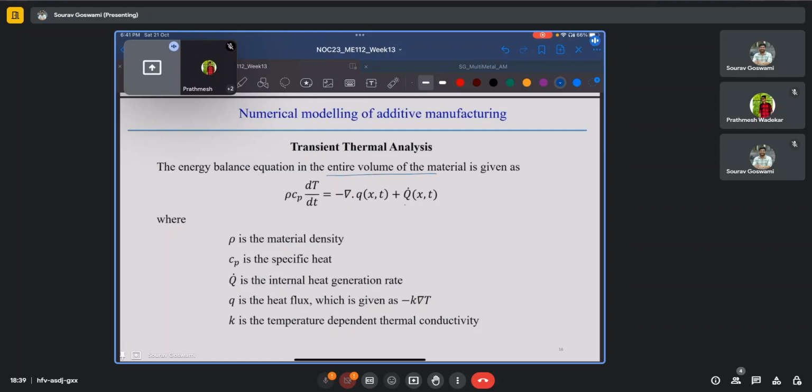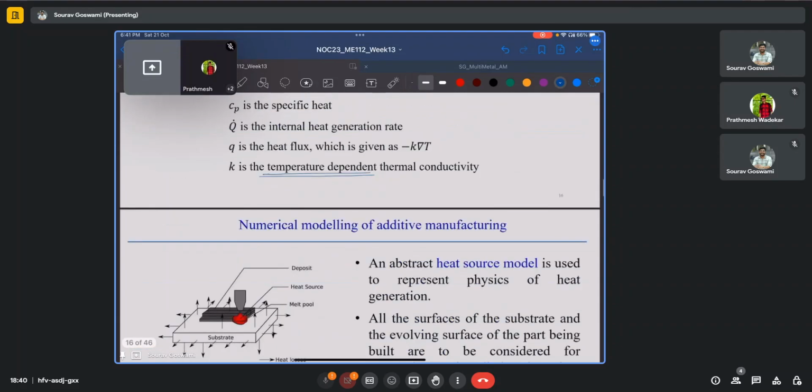And it is through this heat generation term that we introduce the energy flux from our energy source. Capital T is the temperature variable, small t is the time variable, and the other coefficients are described here, such as the material density rho, Cp the specific heat, and K the temperature dependent thermal conductivity. Again, the key thing to notice is that this is a temperature dependent property and is also provided as such rather than choosing a fixed constant value.